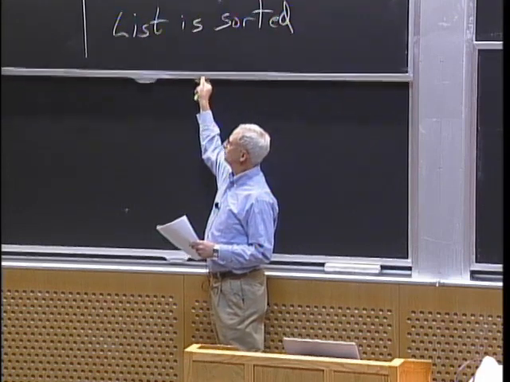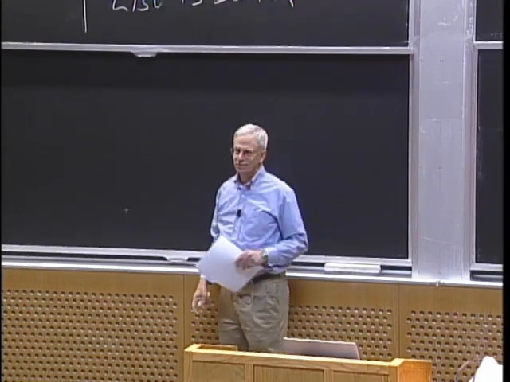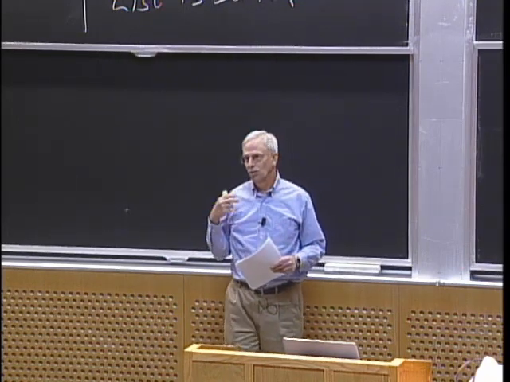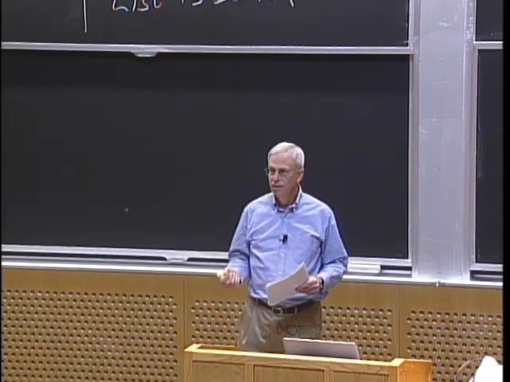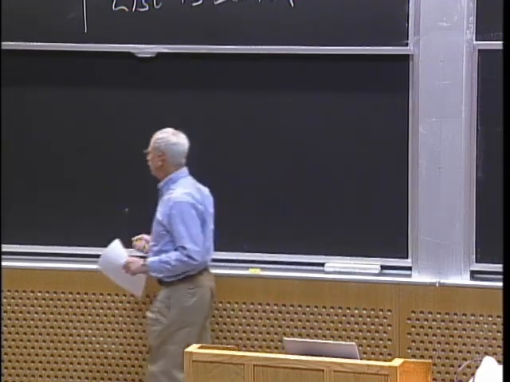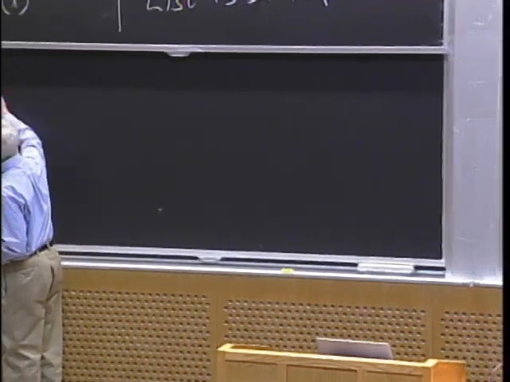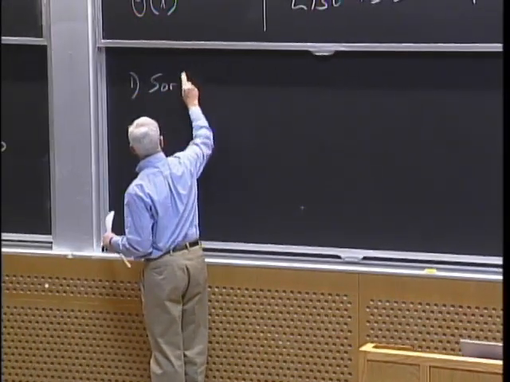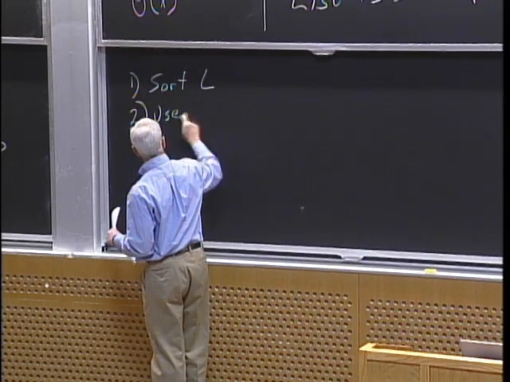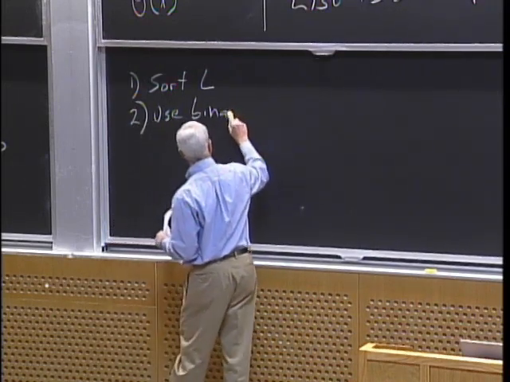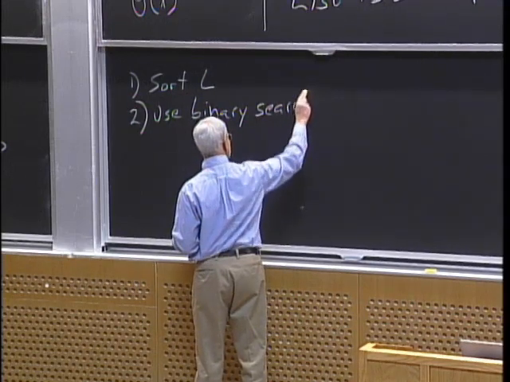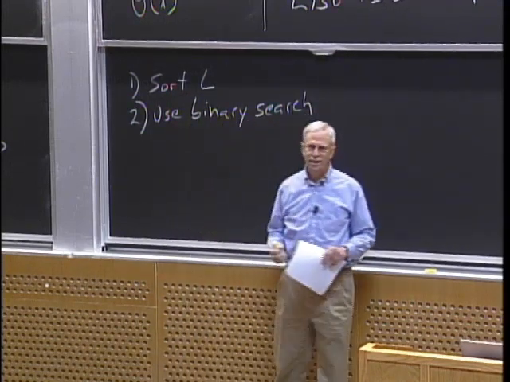So that raises the question, how did it get sorted? Or the other question it raises: if I ask you to search for something, does it make sense to follow the algorithm of 1, sort L, 2, use binary search? Does that make sense?